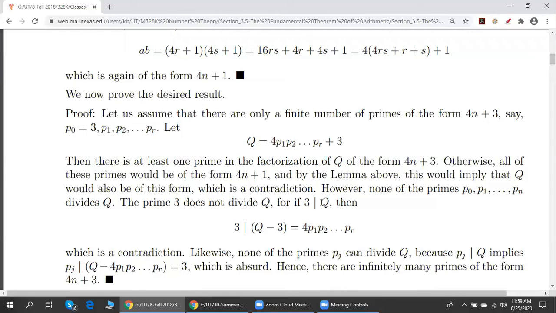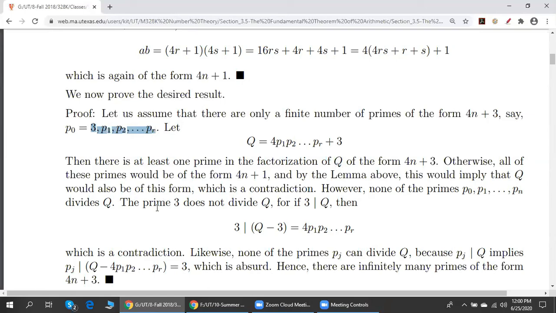First, suppose that q is divisible by 3. We get a contradiction. Then let us suppose that q is divisible by one of these numbers. We get a contradiction. So on the one hand, q is divisible by at least one of these numbers.